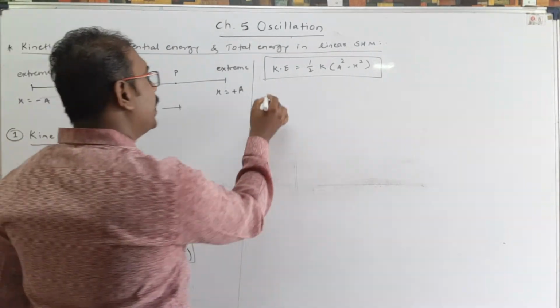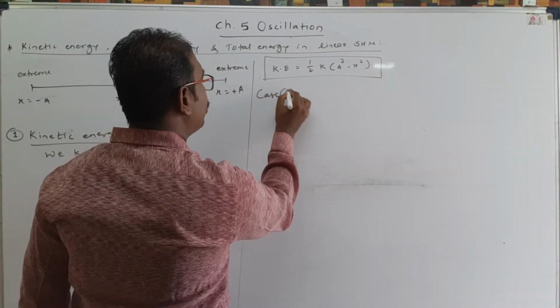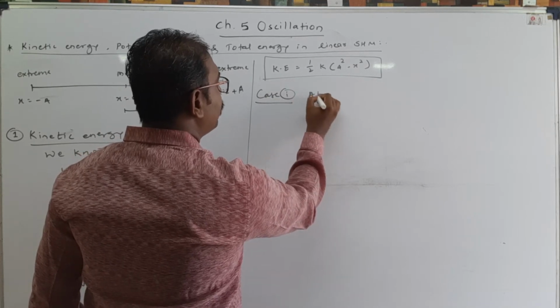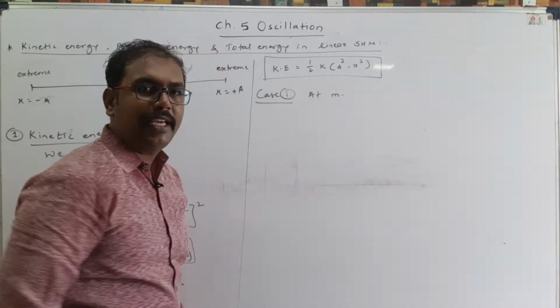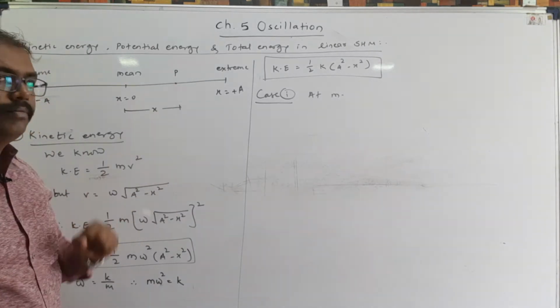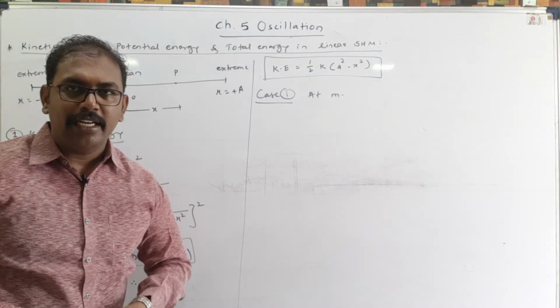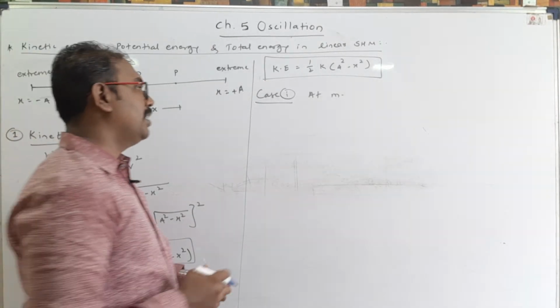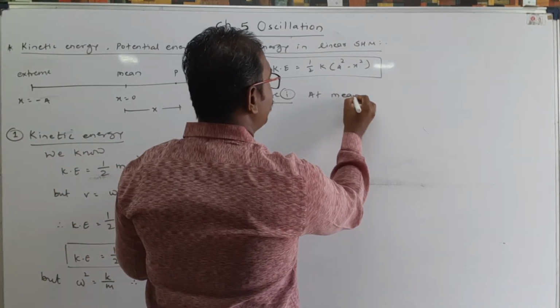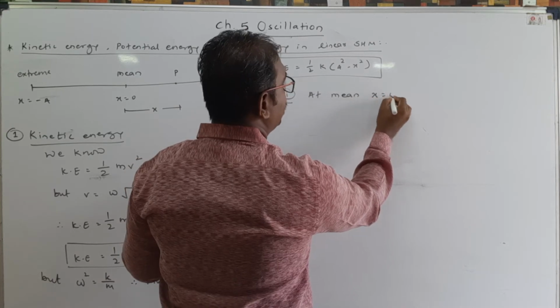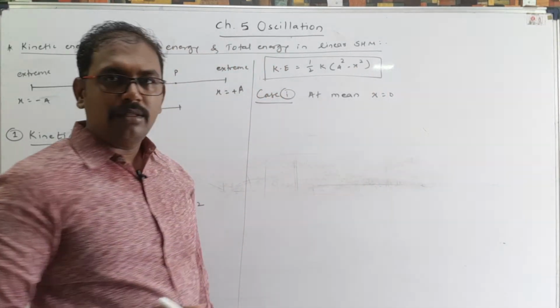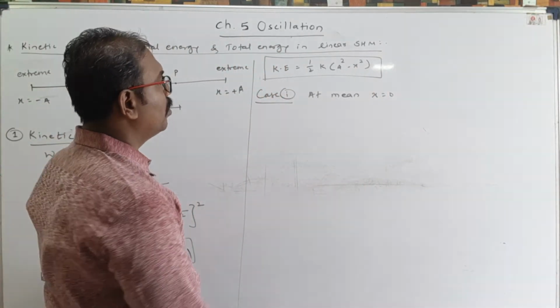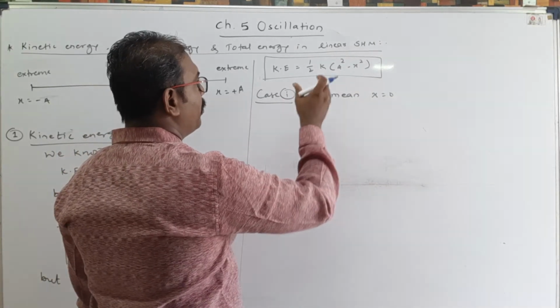Now let me write two cases here. Case 1, at mean. This kinetic energy is at any position P, which is at a displacement x. But if I consider the mean position, you know that x is equal to 0. Let me substitute x is equal to 0 in the formula of kinetic energy.